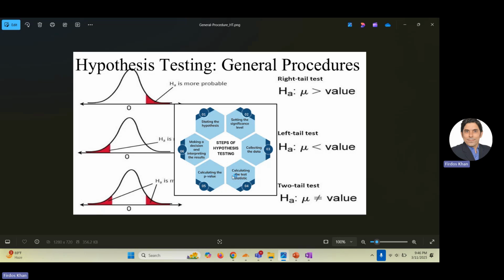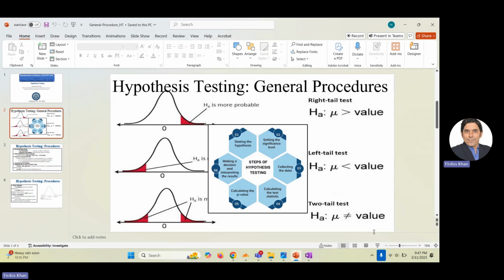We can use either of these two, but normally you can see the p-value in the software, and you can calculate the test statistic when you are doing it manually. That's also okay because both approaches will give you the same result, and I will have separate videos on these two approaches: how we can do hypothesis testing by calculating the test statistic and by using the p-value. Then make a decision and interpret the results. That's the last step, 6 steps. So let's go ahead and see how you can do these steps in hypothesis testing.